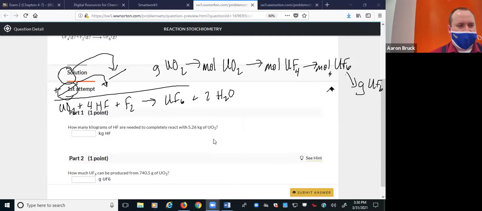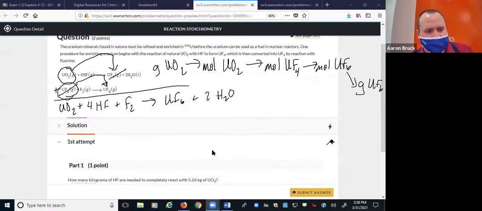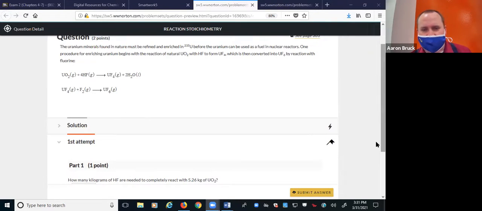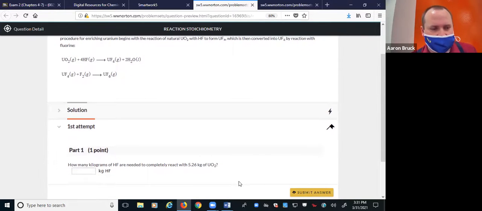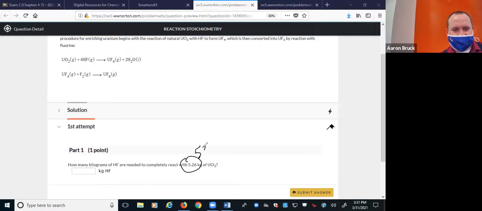All right, so let's start small. How many kilograms of hydrofluoric acid are necessary to react with 5.26 kilograms of UO2? 5.26 kilograms is the same thing as 5,260 grams, so we're just going to save ourselves a little bit of a headache there.